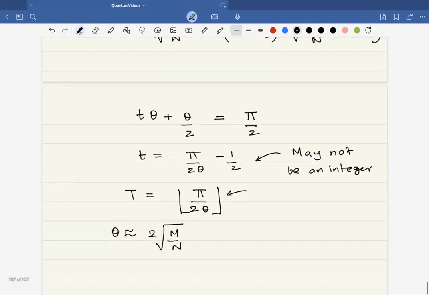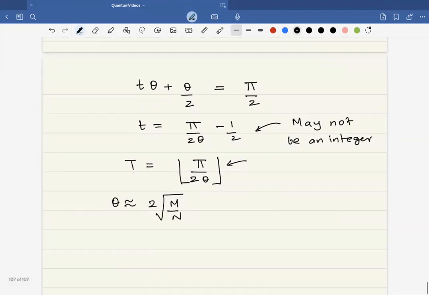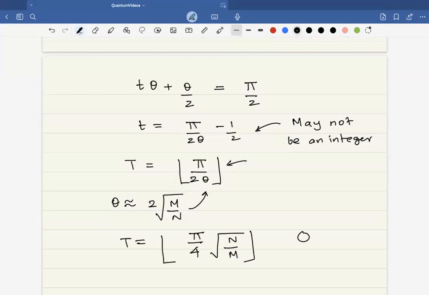So this will be the number of rotations. So how many applications of the Grover operator do we need? t is equal to, substituting theta over here, pi over 4 times square root of n over m. So that's the number of applications of the Grover operator, and that's where this order of square root of n complexity comes from, the query complexity of the Grover search algorithm.